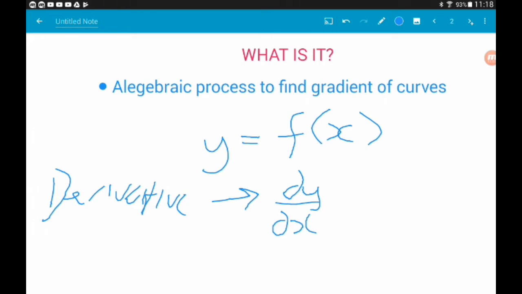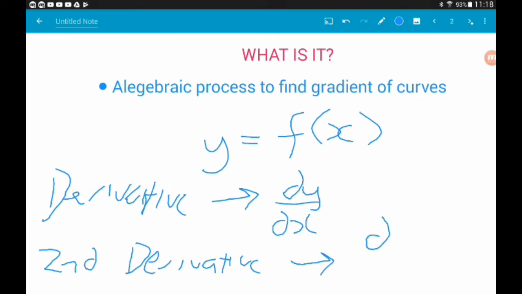Okay, then our second derivative, so if we were to differentiate again, we write as d squared y over dx squared. So that's some notation we're going to see.